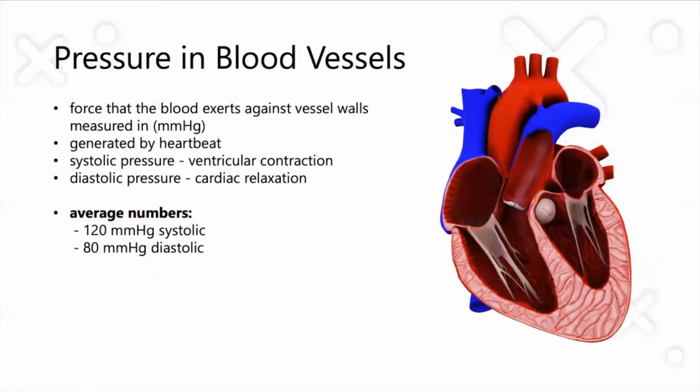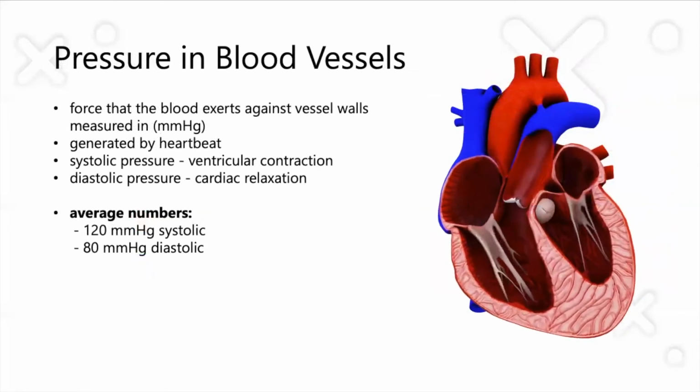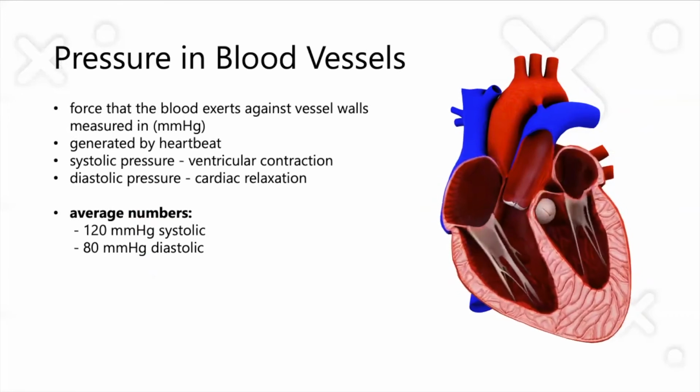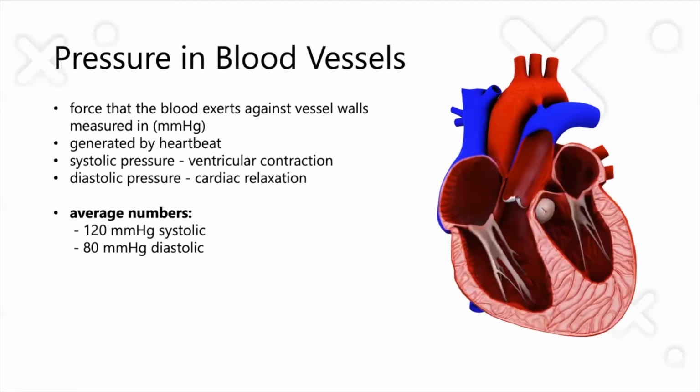So now the pressure in blood vessels describes the force that the blood exerts against the vessel walls, which is measured in millimeters of mercury. And it is generated by the heartbeat, where we differentiate two kinds of pressures. The first one is the systolic pressure, which is generated by the ventricular contraction.